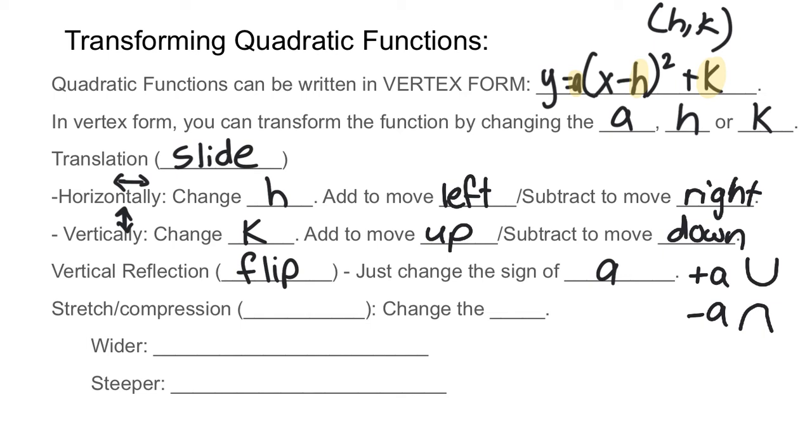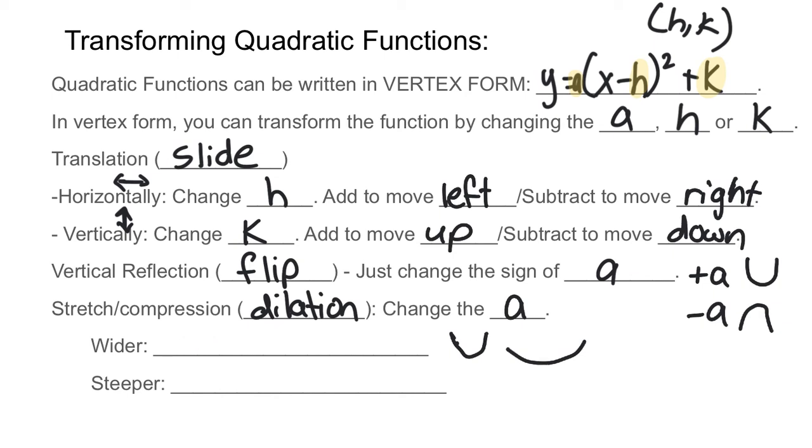And then you have a stretch or a compression. This is like a dilation, where you're changing the size. And you do that by changing the A. If you want your graph to get wider, so if it's like this and you want it to be wider, then you're going to change your A to be really between 0 and 1, not less than 1.